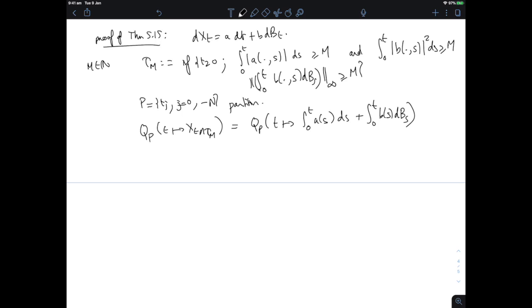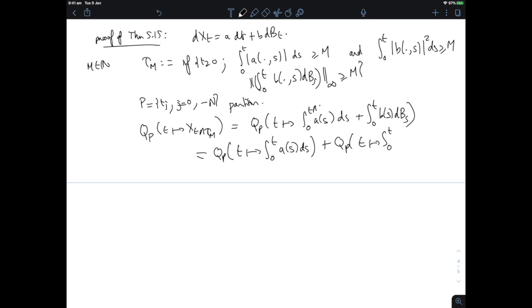I know how to handle both independently, but unfortunately the quadratic variation is a sum of squares, so it's not linear. But okay, I can expand the squares and I would get that this is equal to the p quadratic variation of this process plus the p quadratic variation of that other process.